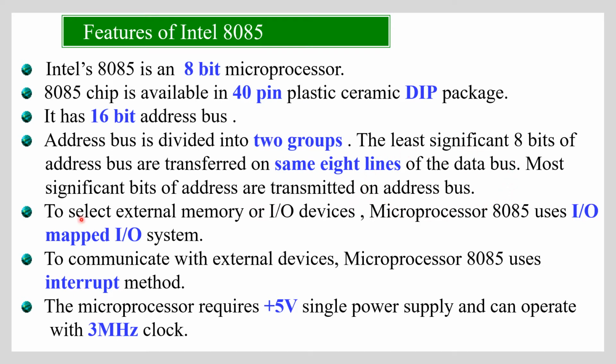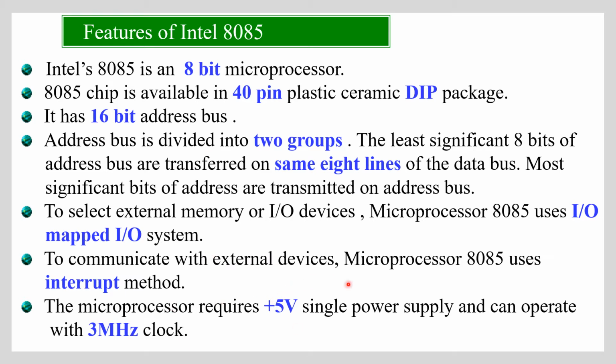Clear? To select the external memory or IO devices, that is, if you want to select the peripheral devices, the microprocessor 8085 uses the IO mapped input output system. We'll see this also in detail.